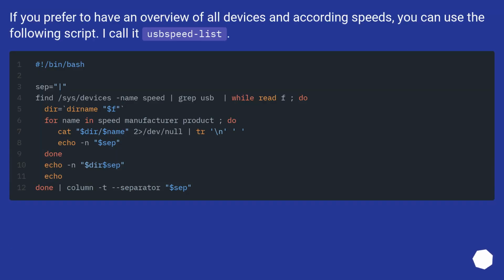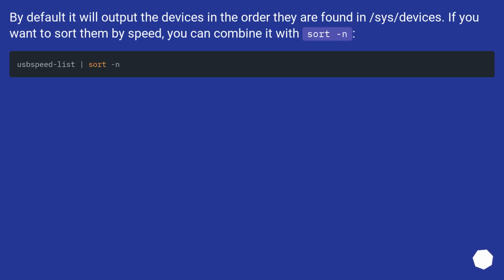If you prefer to have an overview of all devices and according speeds, you can use the following script. I call it usb-speed-list. By default it will output the devices in the order they are found in /sys/devices. If you want to sort them by speed, you can combine it with sort -n.